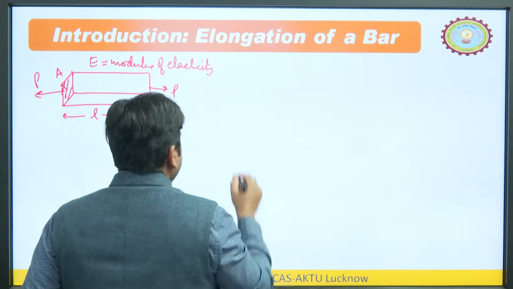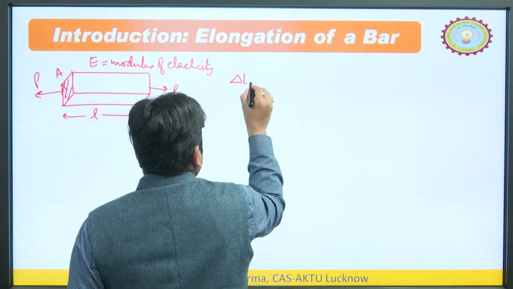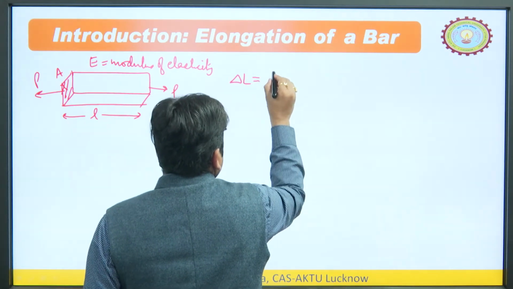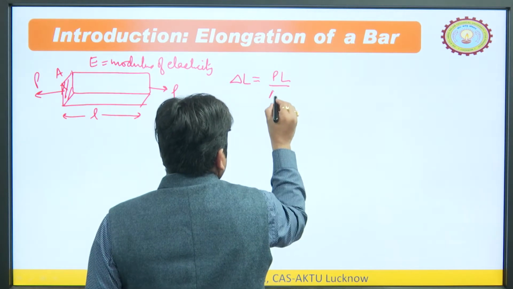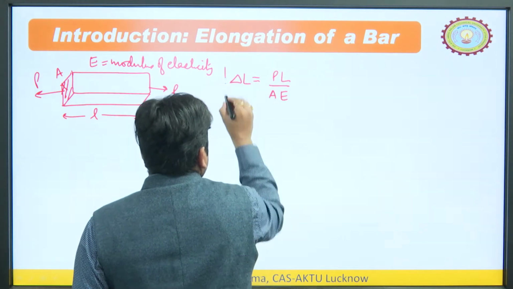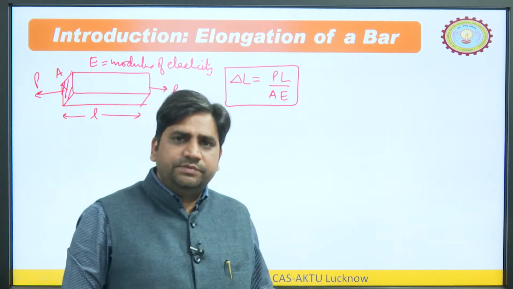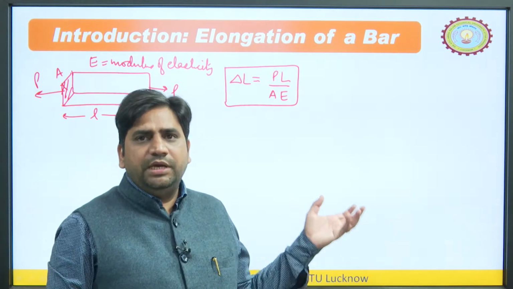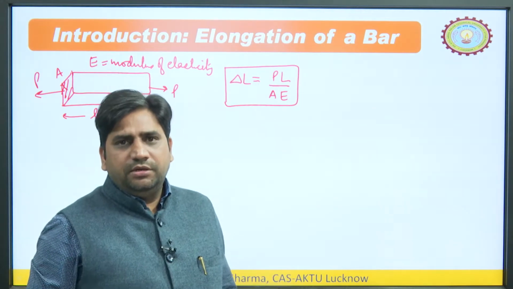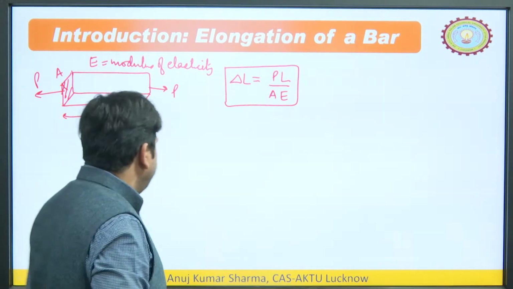So, what would be the elongation? So, delta L for this case will be equal to P L upon A E. You can derive this formula. It is a very simple formula, which comes from Hooke's law.